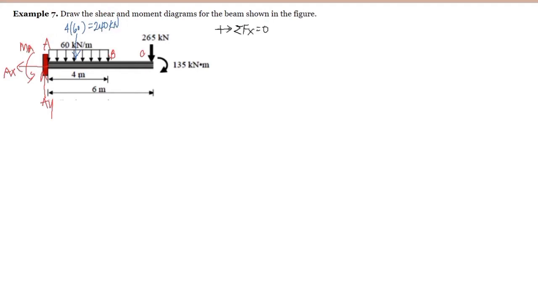If we summate forces horizontal equal to 0, taking the direction to the right as positive, then we have AX equal to 0 because there is no horizontal load. And summation of moments at point A is equal to 0, taking the clockwise direction as positive.